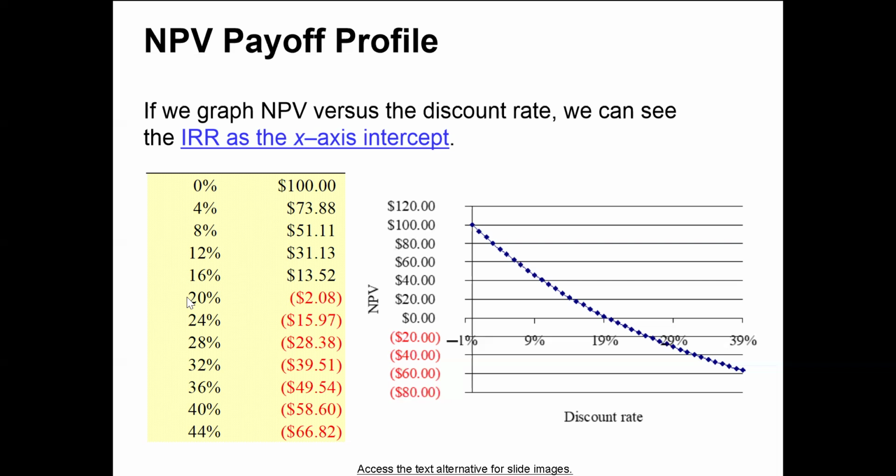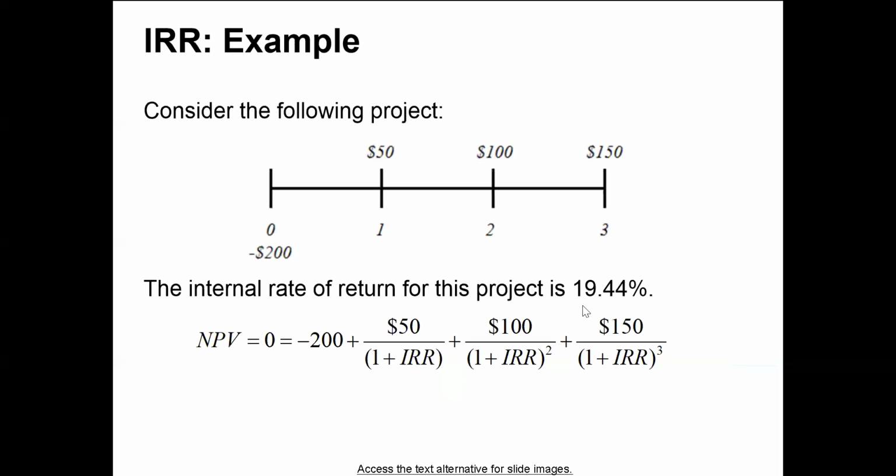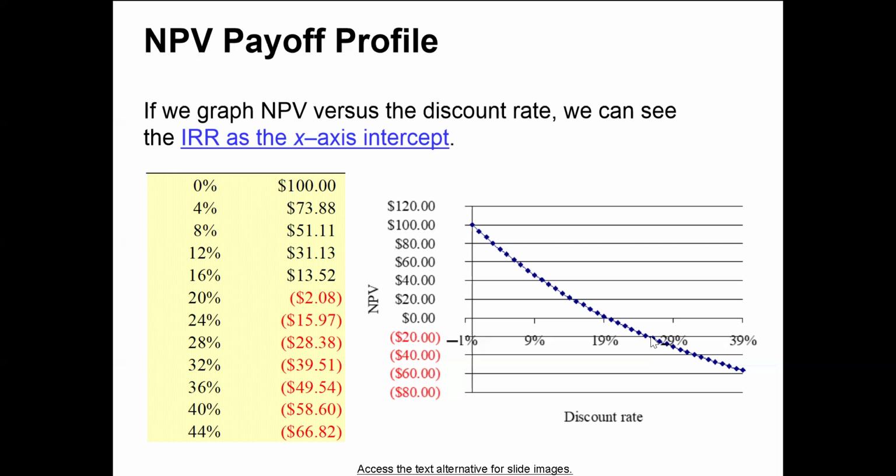After repeating some trial and error, you get 19.44% as the internal rate of return, right? So you can see that the IRR is actually the intercept of the axis.